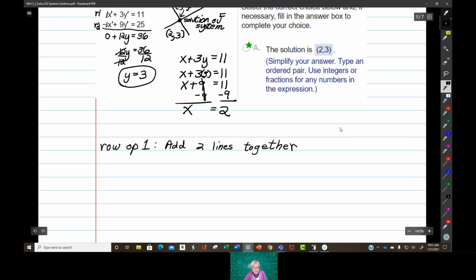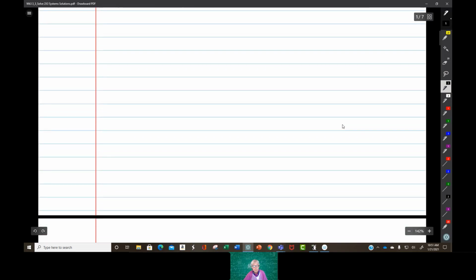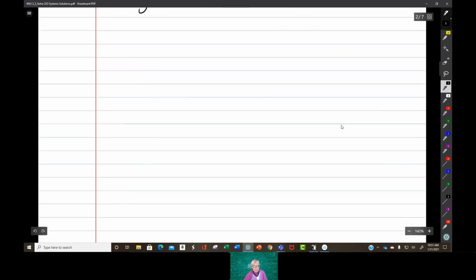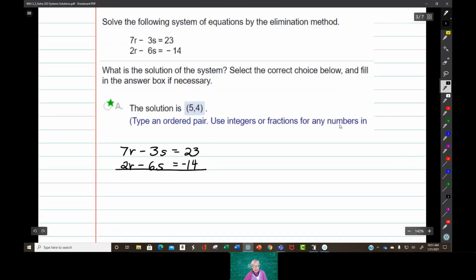Now we're going to use another row op. I have to add the two lines together and make either the r's or the s's cancel out, 0 out. That is, I add them together and they equal 0. It's not going to happen right now.